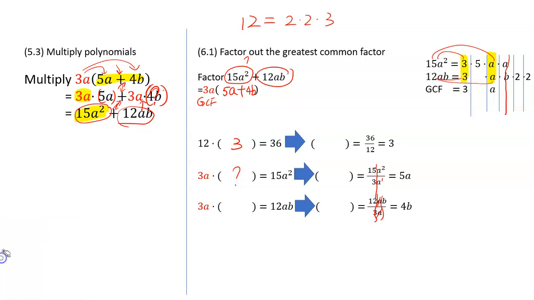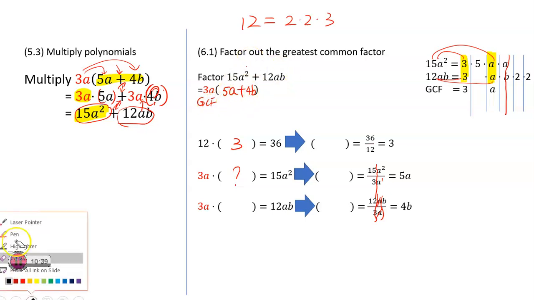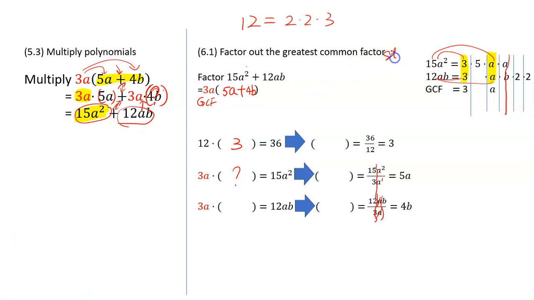And summarize the steps here. So step one, we will find the GCF of these two expressions. If we were given 3, we have to find the GCF of all 3. So step 1. Step 2, we did a division here.